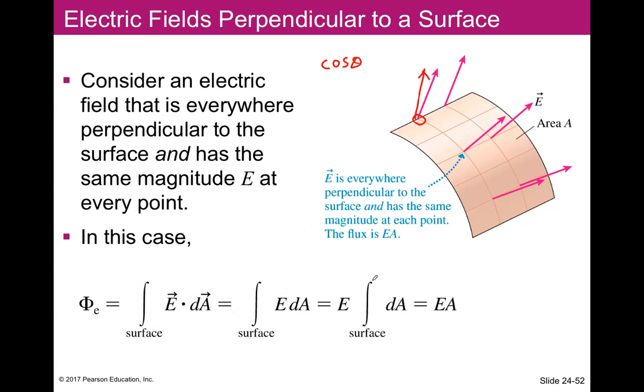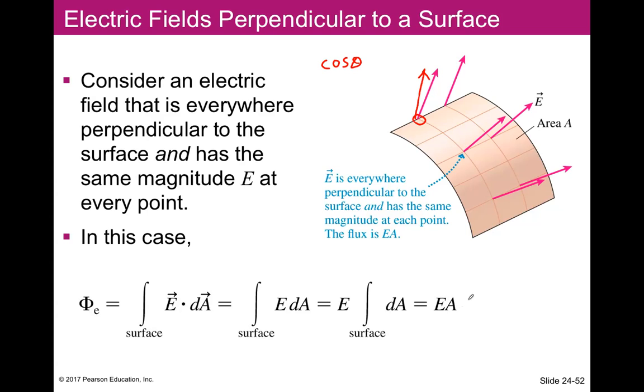Then the surface integral of dA simply means the area of the surface, A. Then it equals E times A. Does that make sense? So far, do you have any questions?